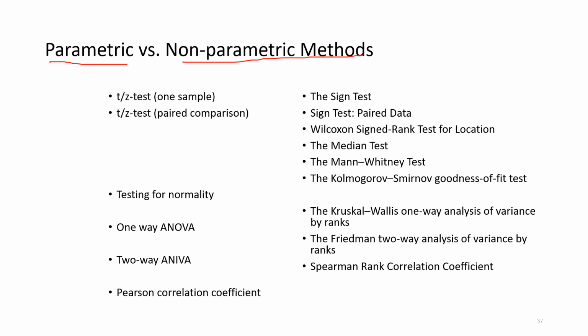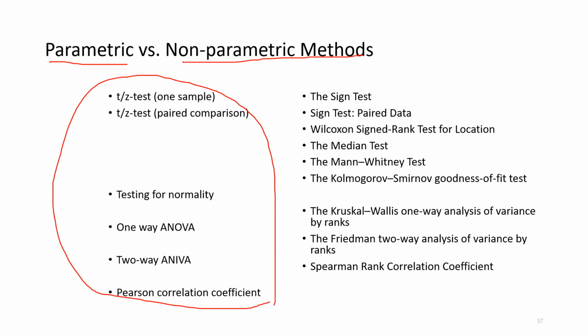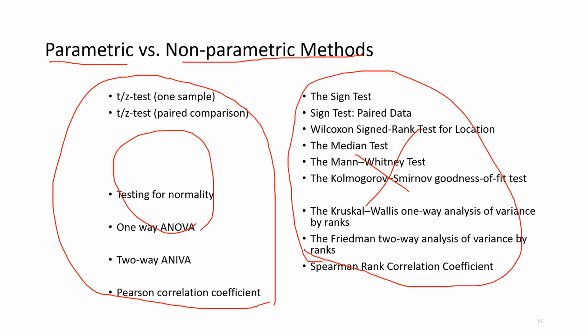But if you can get the result for parametric data, so you can figure out the population distribution, then you had better use the parametric one. But if the sample size is very small and the population distribution is not determined, then you go to a non-parametric test.